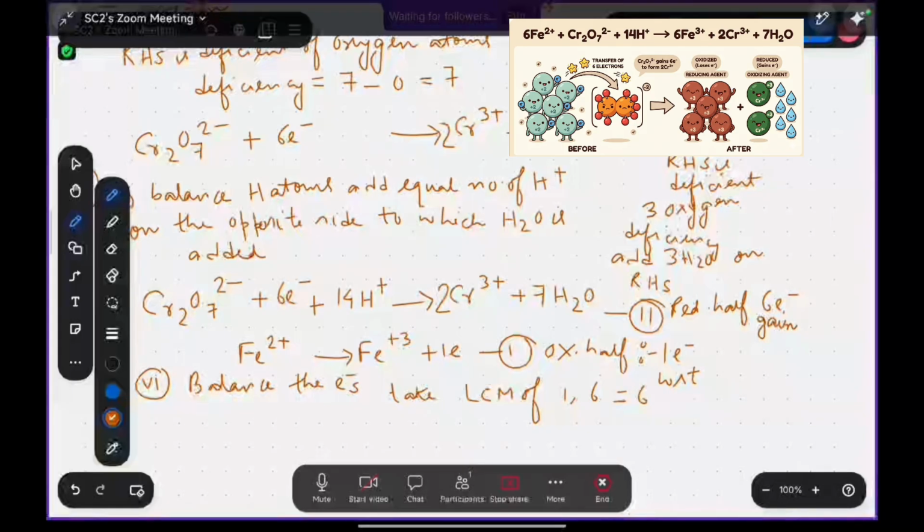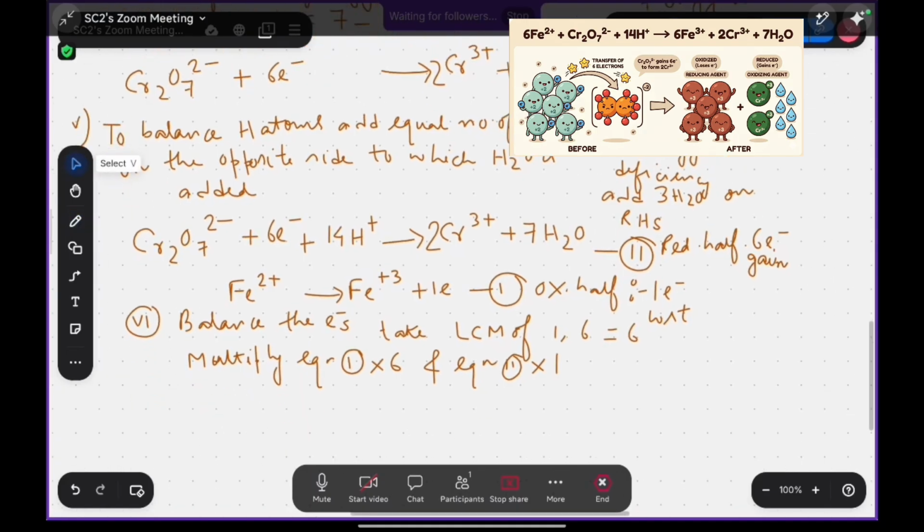LCM of 1 and 6 is 6. So what will you do? Multiply equation 1 into 6. Equation 1 will be multiplied by 6 and equation 2 will be multiplied by 1.